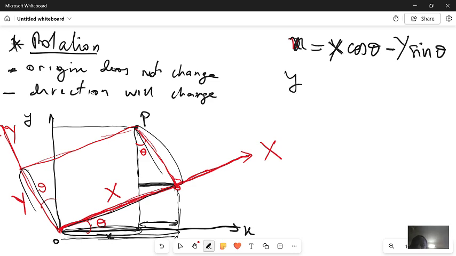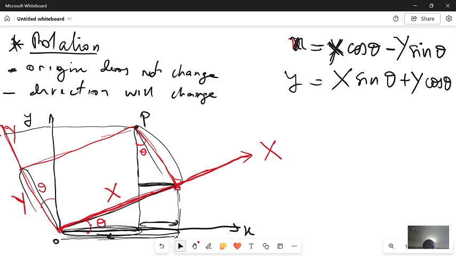Now I have to find the value of y. The value of y from here to here is equal to this one, and this is my X. Now I will have X sine theta plus Y cos theta.